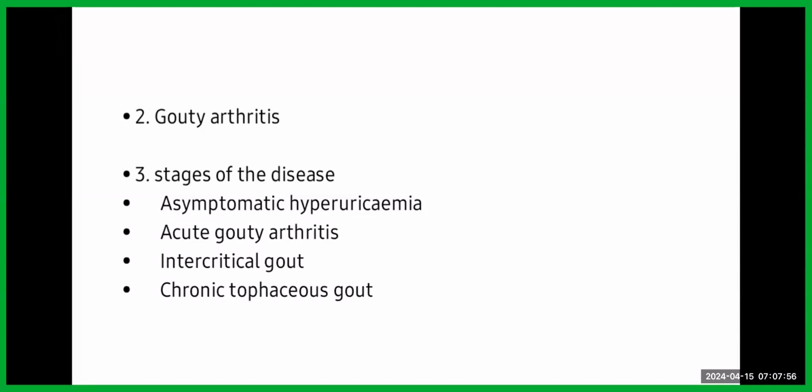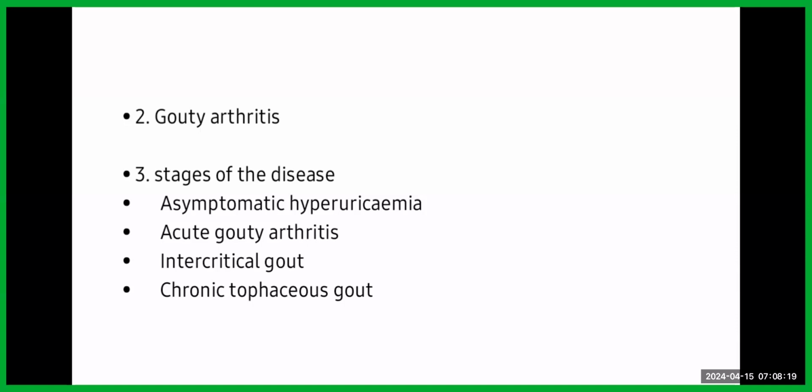Then for some reason, they can stay silent for a very long time, intercritical gout. And sometimes they can have some whitish deposits in the skin, joints, and other parts of the body. Especially in patients with sustained elevated uric acid, they can present with chronic tophaceous gout. So these are some of the stages.